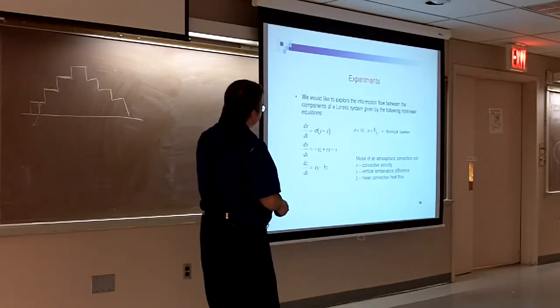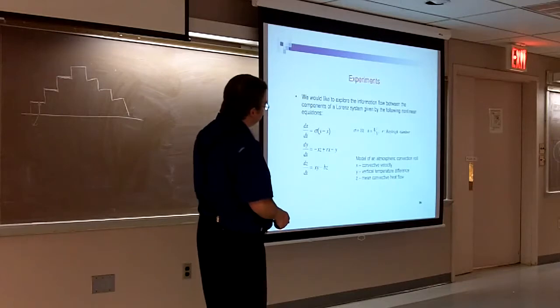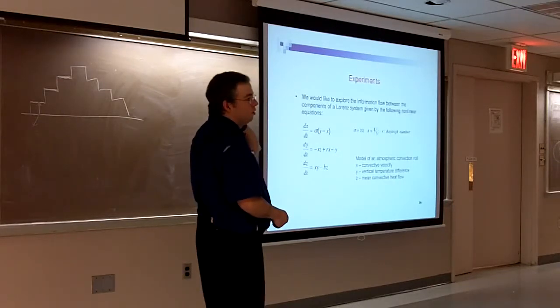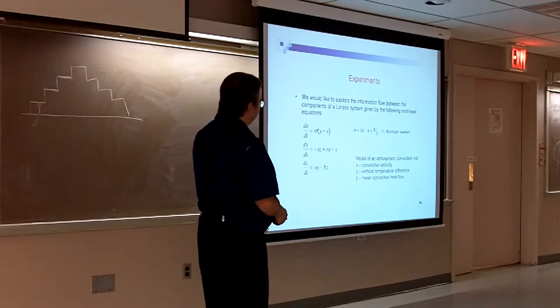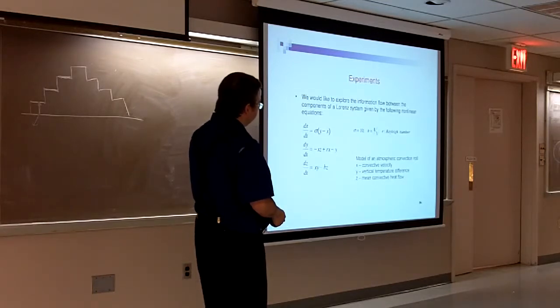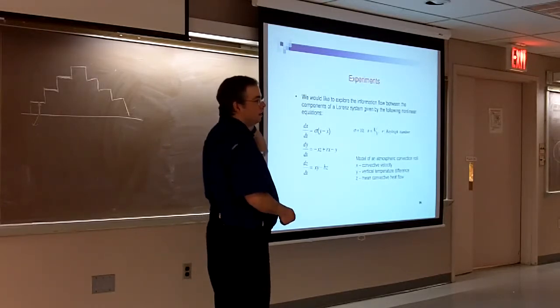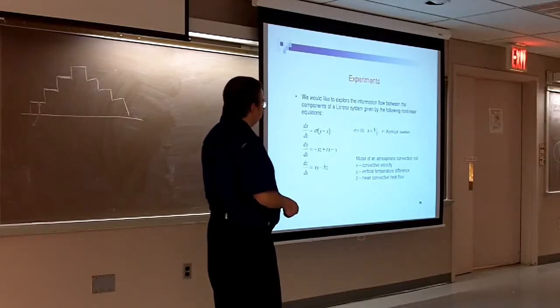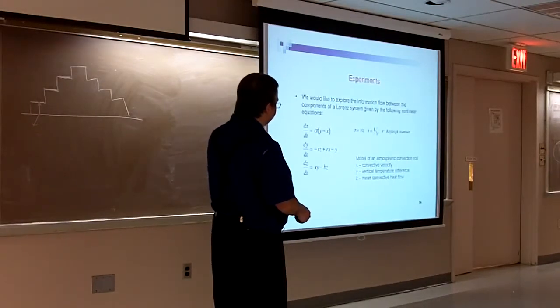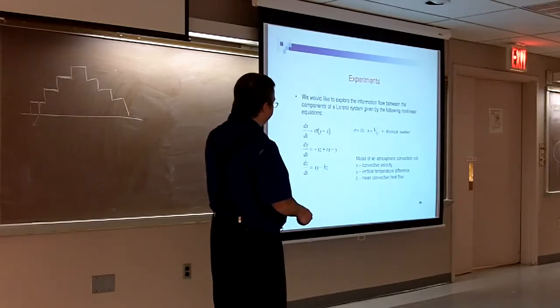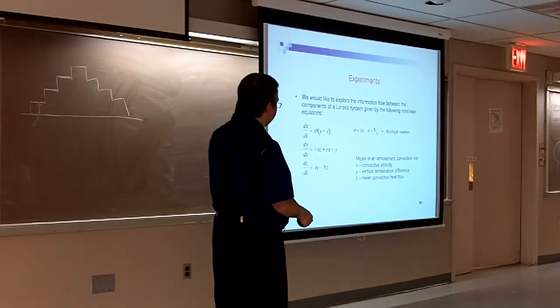Now, we apply this to the Lorenz equation, which is nonlinear, as you know, and it is a model which is used in climatology as a very simplistic model. Here, x denotes the convective velocity, y denotes the vertical temperature difference, and z denotes the mean convective heat flow.